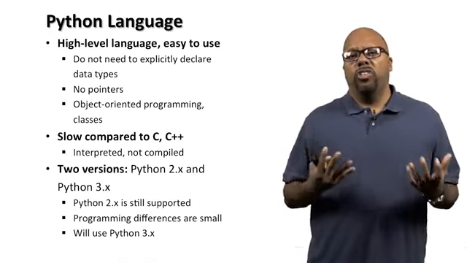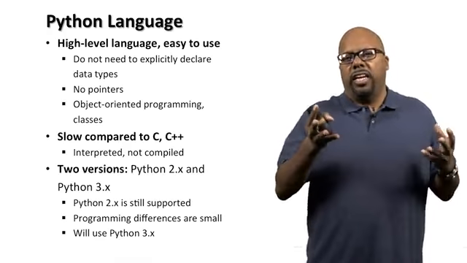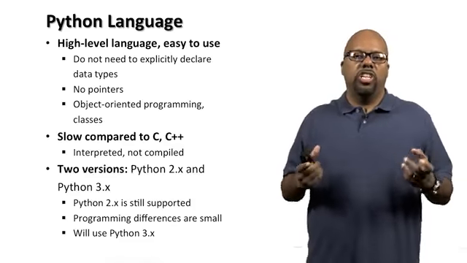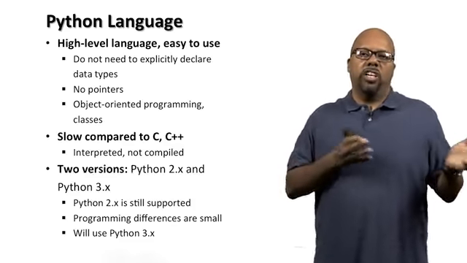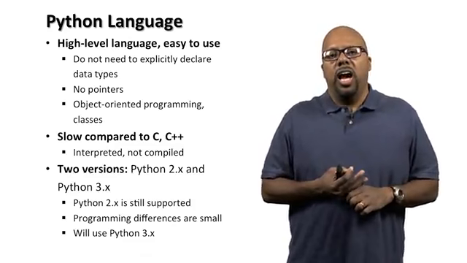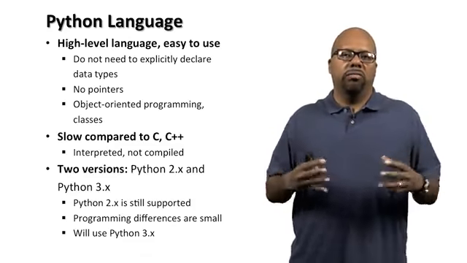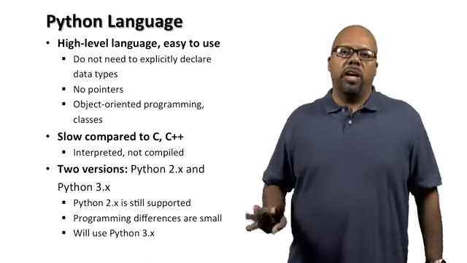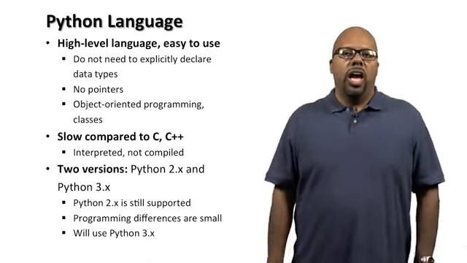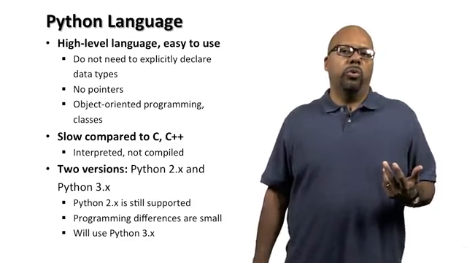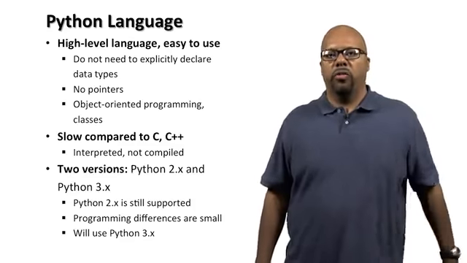Now, there are small differences in syntax, specifically like print statements. Print statements are done differently, or the syntax is different in Python 2 than in Python 3. There are a few other little things that'll confuse. So we're just going to stick with Python 3 throughout this course. It's probably the best. If you're programming new stuff in Python, you probably want to go with Python 3, because one day, I suppose, Python 2's got to get phased out.